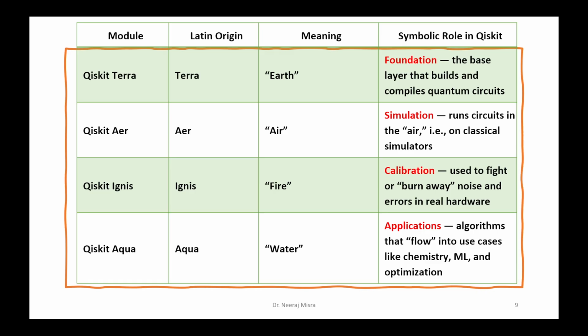Similarly in IBM Qiskit, these are the essential components required for the implementation of a real quantum system. Now Terra is the foundation layer. It builds quantum circuits: how many gates are used in your system, like CCX gate, CX gate, or swap gate.